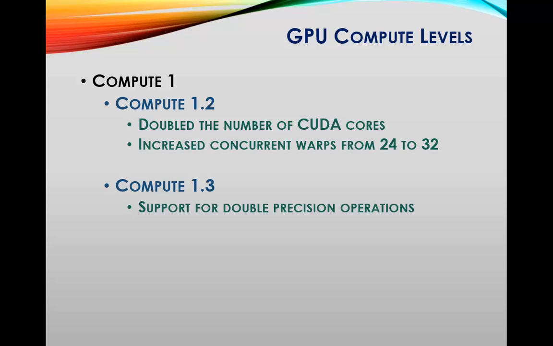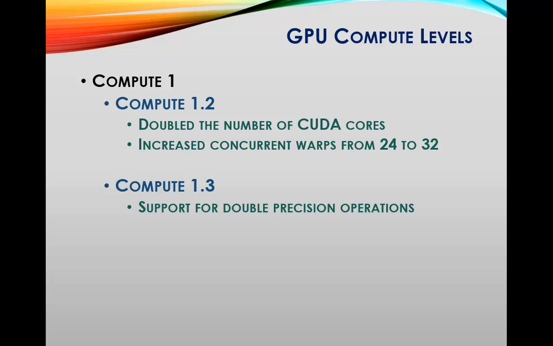Compute 1.3 devices came with the future revisions of the 200 devices. The major change that occurred with Compute 1.3 hardware was the introduction of support for limited double precision calculations. Primarily, GPUs were aimed at graphics, and therefore there was a huge need for fast single precision calculations. But this poses a huge restriction on the double precision capabilities of your cards.